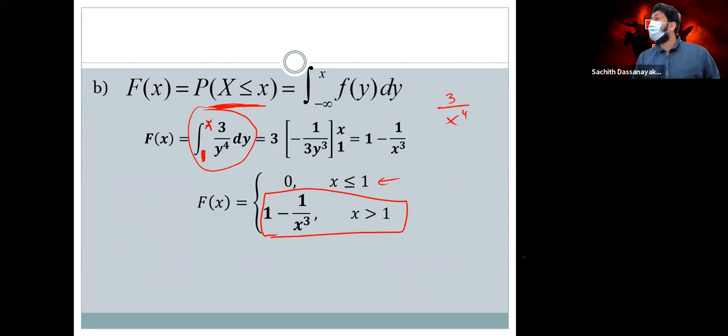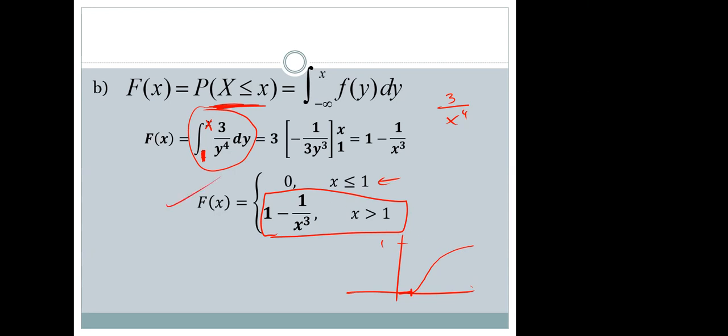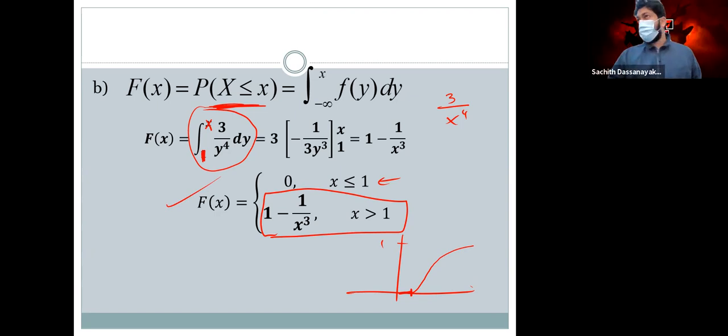It is 0. Up to 1 it is 0, then it starts to increase, and at infinity it goes to 1. Definitely, if you need to write the CDF, you have to mention it like this. You know that because we used the same thing in the last chapter as well.